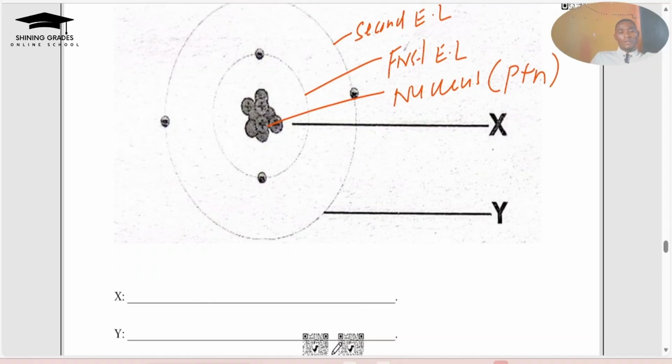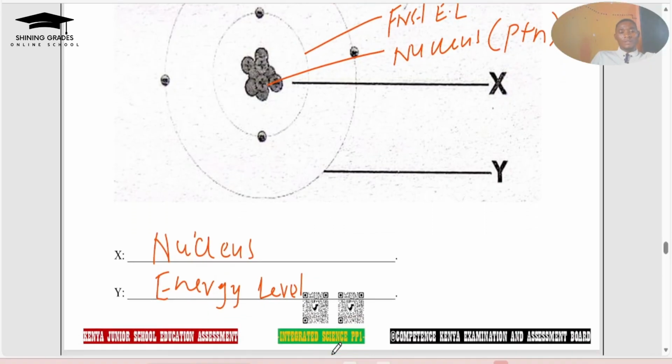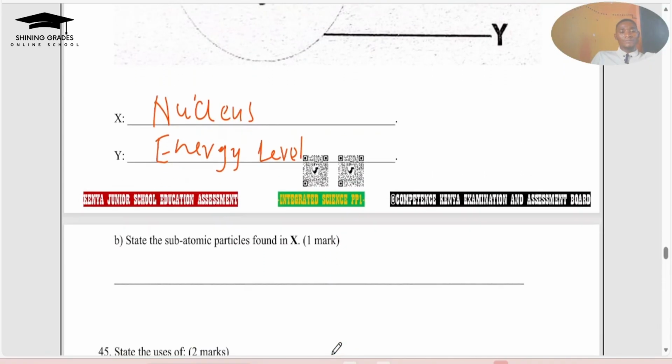We are asked to name X and Y. Our X is the nucleus, and our Y is the energy level. Learners, we can notice a repetition of energy level and nucleus in this paper.